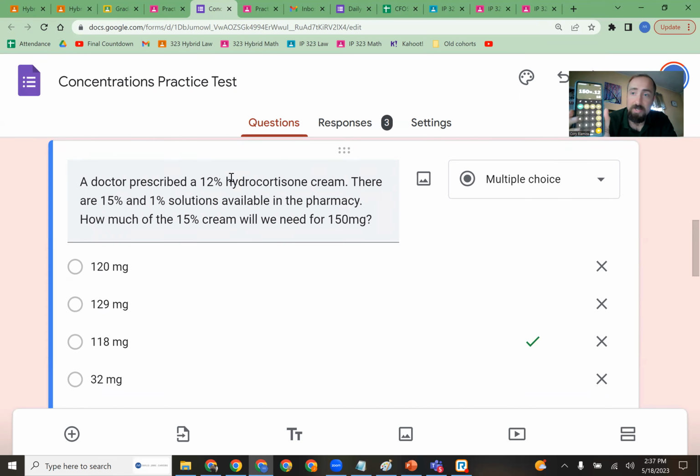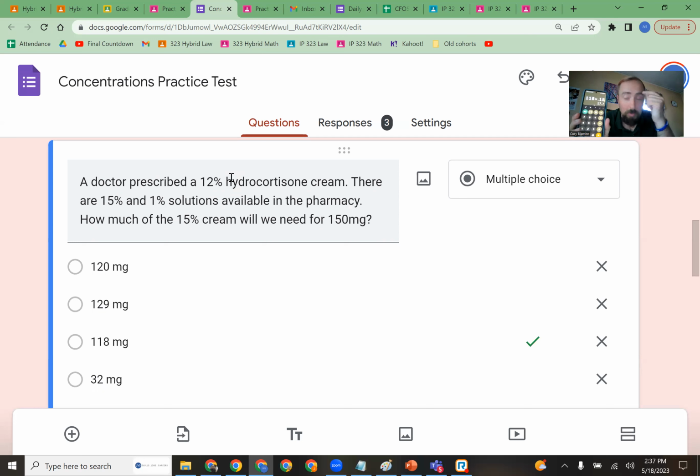So 12% expressed as a decimal. We want there to be 18 milligrams of drug in the final form of this cream, after everything is mixed together. 18 milligrams. What did we say we had in 118 milligrams of the 15% again? We had 17.7. It's pretty darn close.